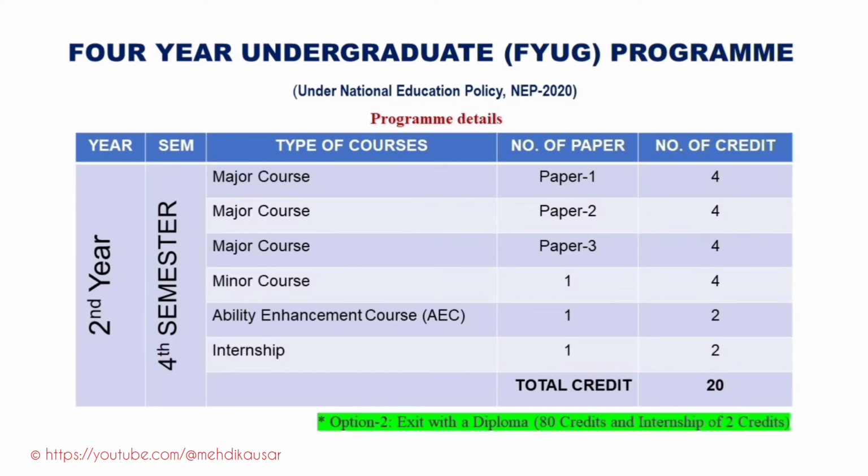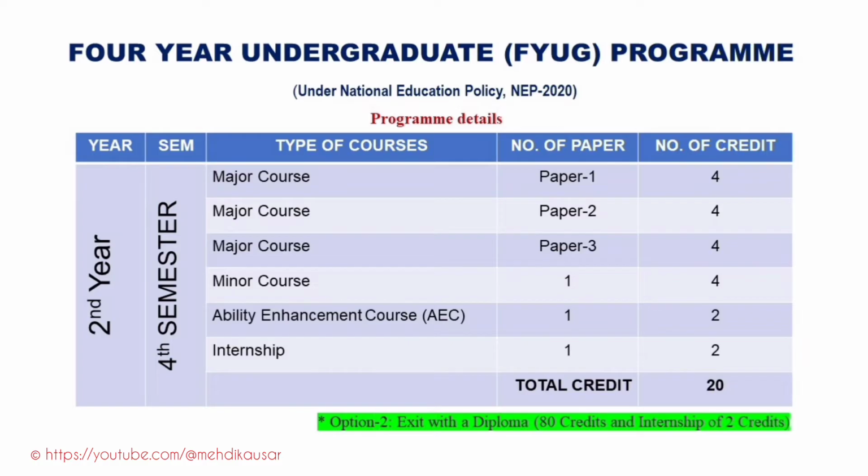In 4th semester of 2nd year also, you have to study a total of 6 papers. Here, there will be 3 papers from major course, that is paper 1, paper 2 and paper 3, and 1 paper each from minor course and ability enhancement course. Now, there will be an internship in this 4th semester.